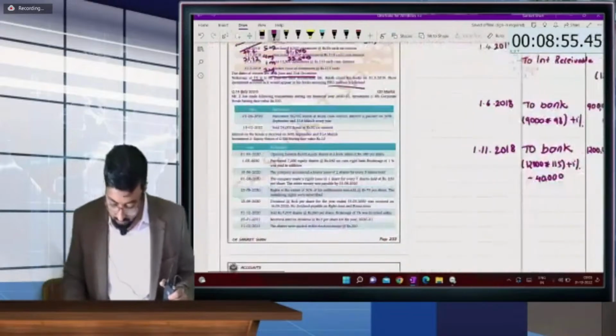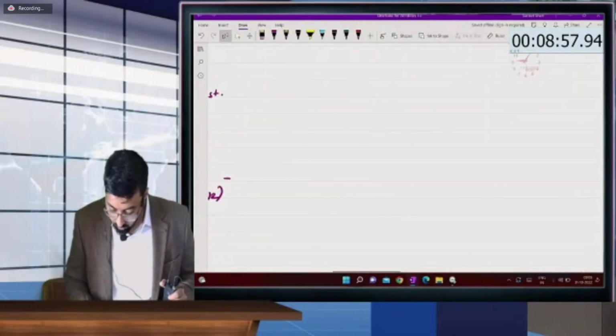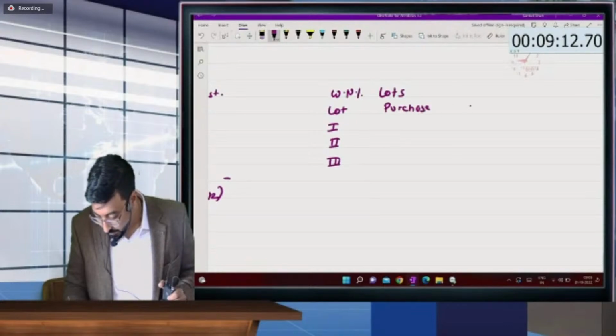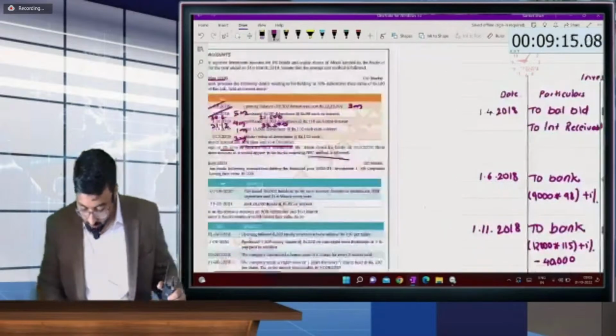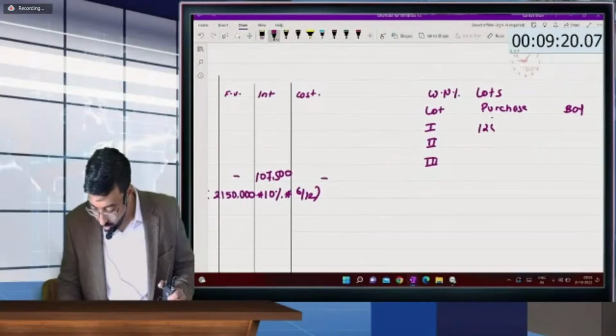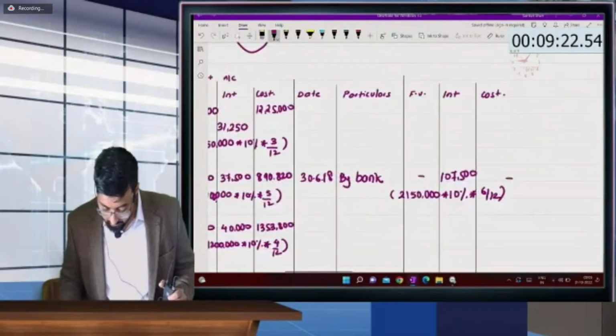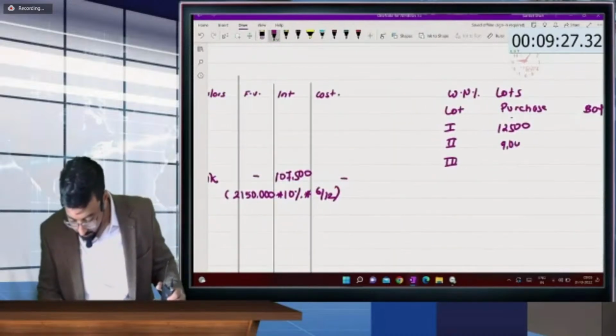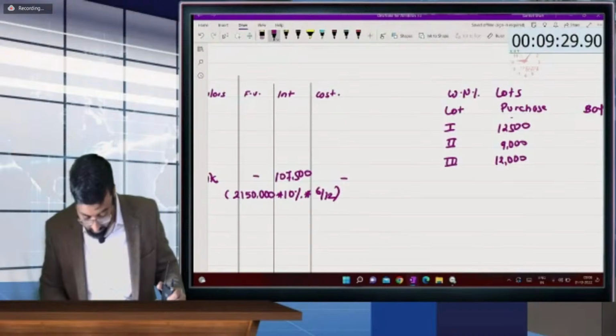Now, working note 1, lots 1, 2, 3. Purchase and balance. Purchase was 12,500 in lot 1, 9,000 and 12,000.